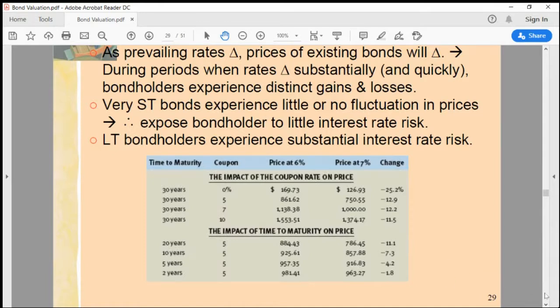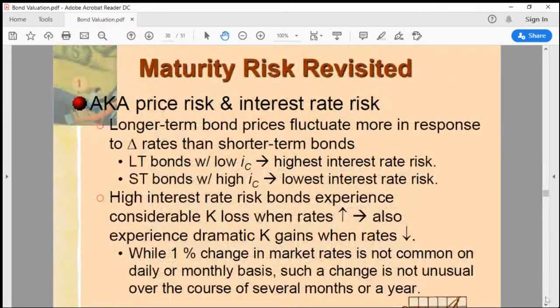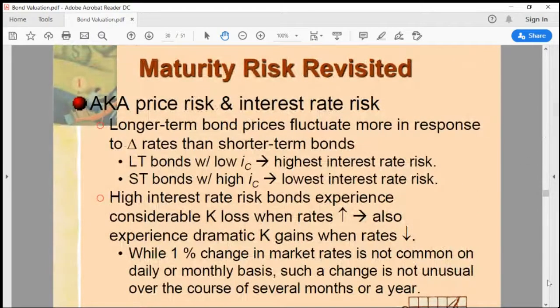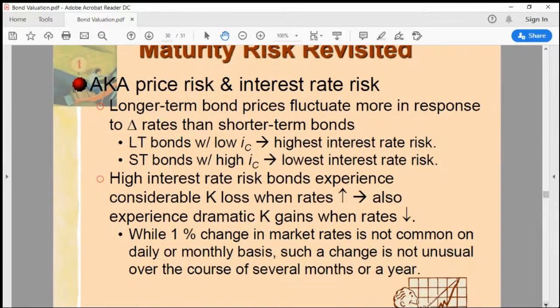So having this in mind, maturity risk is revisited. It is also known as price risk and interest rate risk. Long-term bond prices fluctuate more in response to changes in rates than shorter-term bonds. Yes, you saw that.